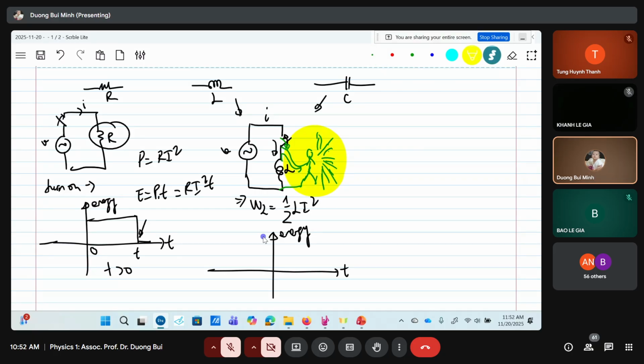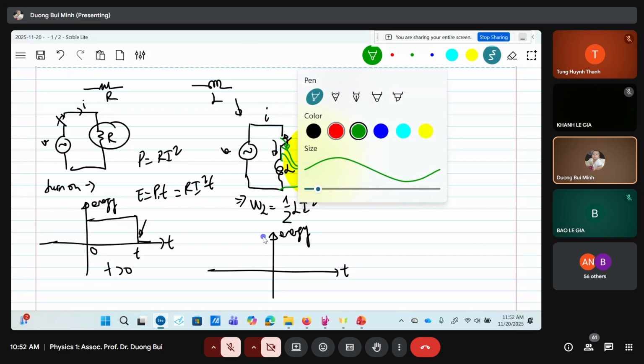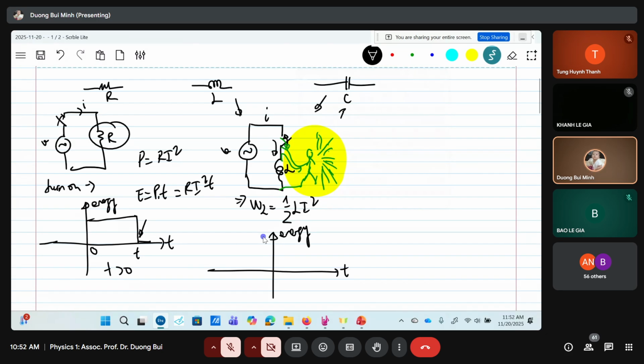Do you understand? So when we consider inductor or capacitors, we need to consider the energies before you turn off this switch. That means you need to consider T0 minus, because T0 is the time you turn off this switch.